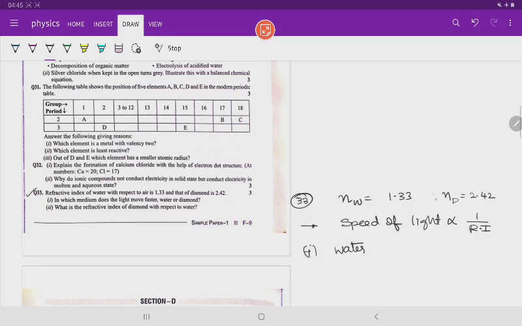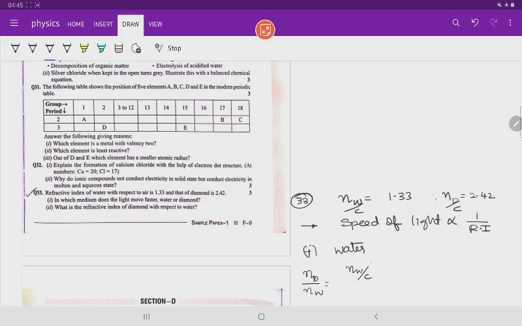What is the refractive index of diamond with respect to water? So they're asking for diamond with respect to water. Obviously, refractive indices are inversely proportional. They are asking with respect to air. So it will be, for diamond, first you have to write water, that is Nw by C. Why C? Because they have given the absolute refractive index. This is N by C actually.